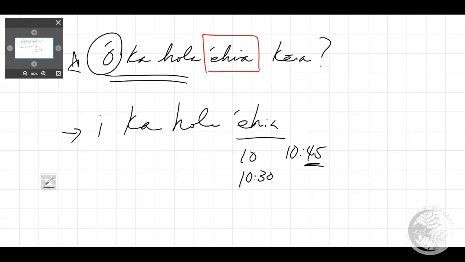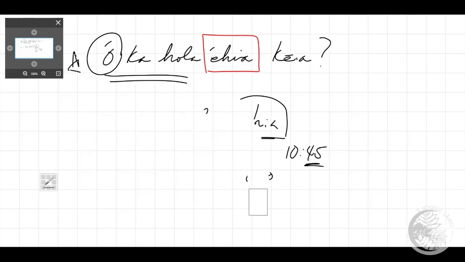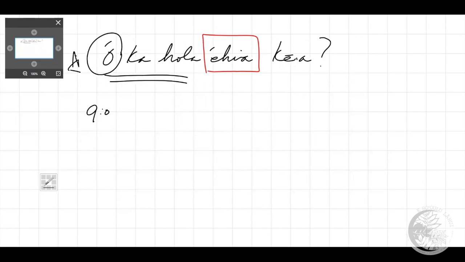Yeah, so at 10:45. And so this is a very easy way to answer the question at what time. And so the big words we remember in this response, of course, just to look at the examples. If I take some basics here, and maybe I put 9 o'clock, of course, again, 9:15, 9:30, 9:45, and maybe 9:58.